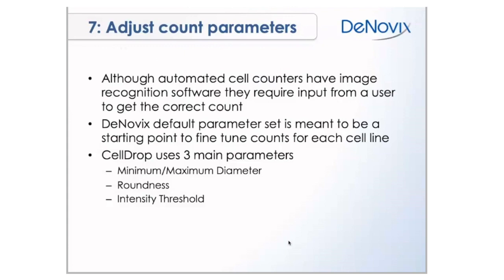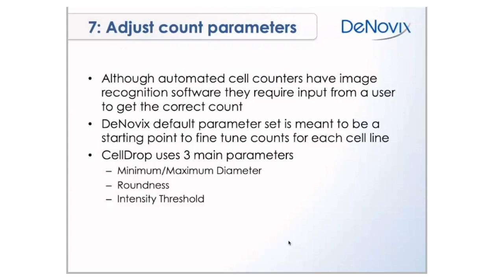So DeNovix cell drop has 3 main parameters that the user is able to adjust to fine tune their cell counts. Those are minimum, maximum diameter. So that's just setting a size gate for what is and what isn't a cell. What we call roundness.